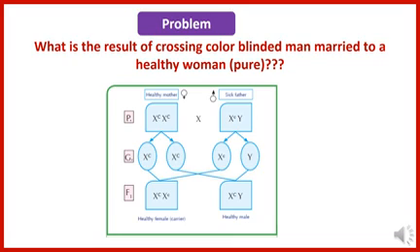When the crossing occurs, the girl will be XX with C capital from the mother and C small from the father. Here we will have a healthy female but carrier, because it's a hybrid gene. And we have a male XY with C capital on the X chromosome, a healthy male.